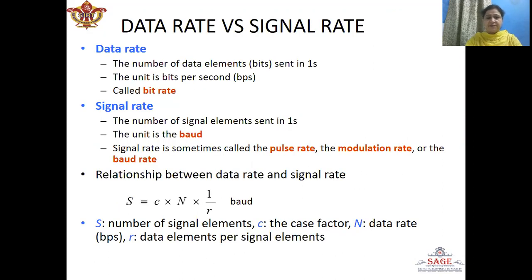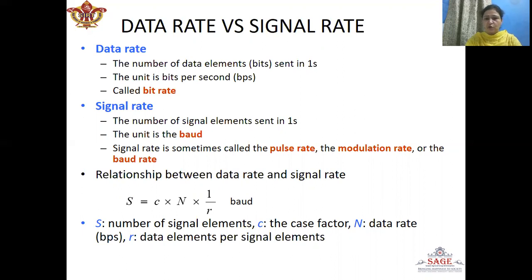Now, the difference between the data rate and the signal rate. Data rate is the number of data elements sent in 1 second. Since data elements are represented by bits, its unit is bits per second, and it is also called bit rate. Whereas signal rate is the number of signal elements transmitted in 1 second. Its unit is the baud.